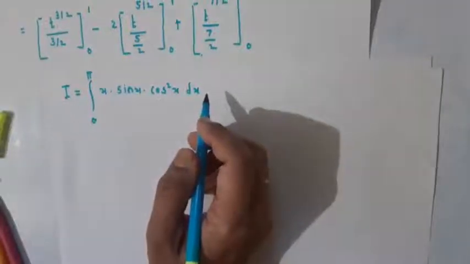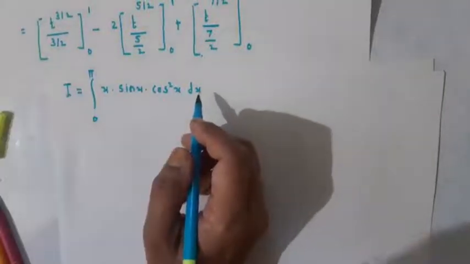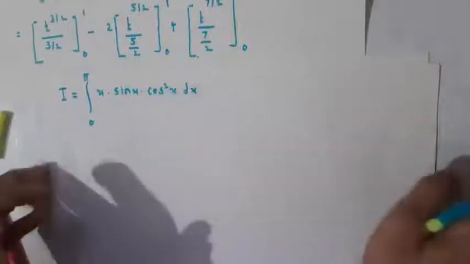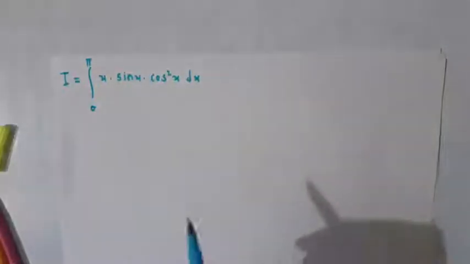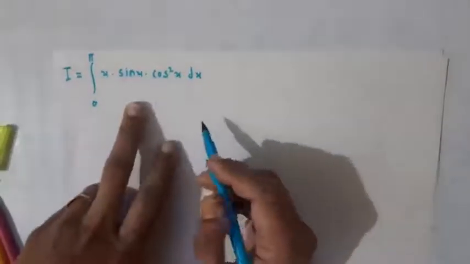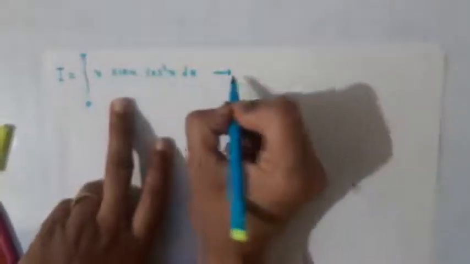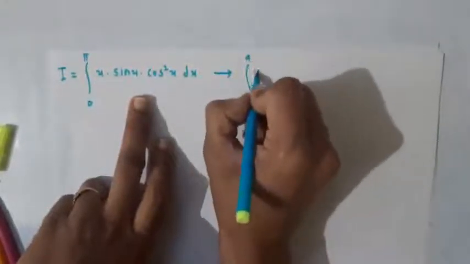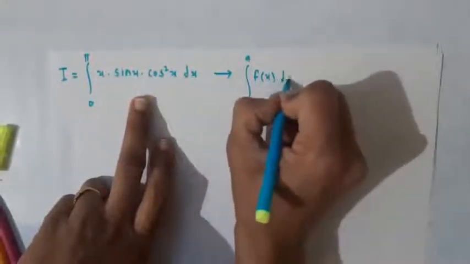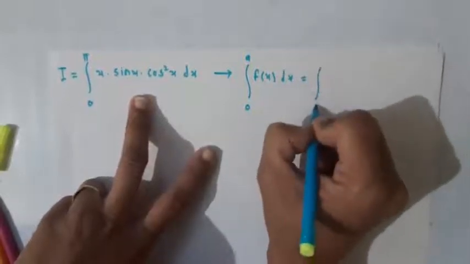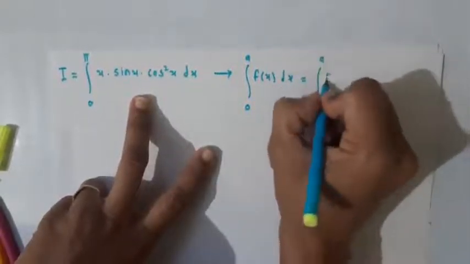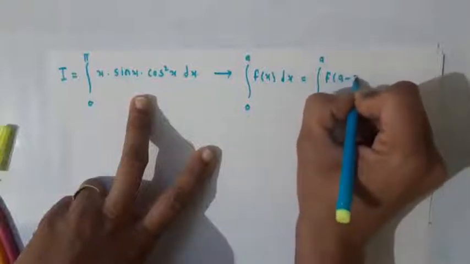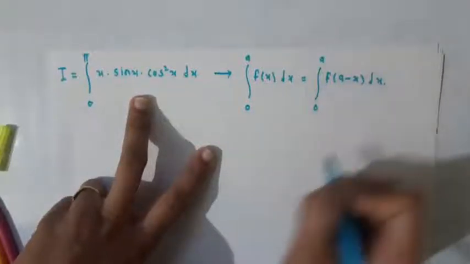Students, to solve this example, now there are multiplication of 3 terms, so we can't use the u into v formula also. Okay, so first let us apply the property and then see how to solve the problem. Integral 0 to a f of x with respect to x is equal to integral 0 to a f of a minus x with respect to x.